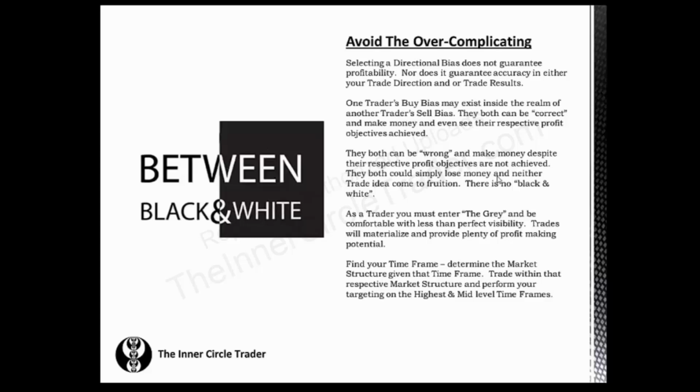I'm still trading on the probabilities, not the perfect scenario. There's no perfect scenario. You, as a trader, will see trades materialize that will provide you plenty of profit-taking potential. Live there. Don't expect 100%. It's not going to happen, because I guarantee you, the only thing 100% is going to happen is you're going to go nuts expecting an impossibility.